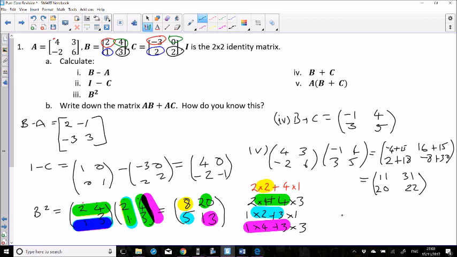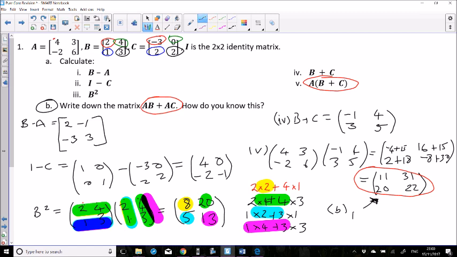Right, then we come on to part B, and it wants me to write down the matrix AB plus AC. So a bit of a clue there, we must have already done it, must be easy to do. Well, AB plus AC is just this matrix here that we found in part 5, and that's because A times B plus C and AB plus AC are the same thing, okay?